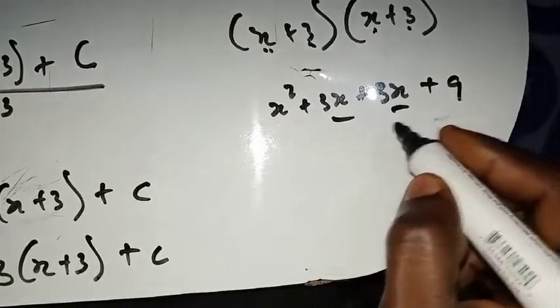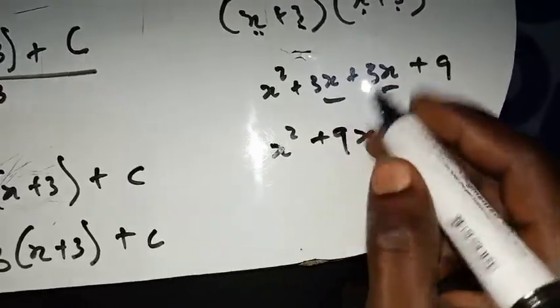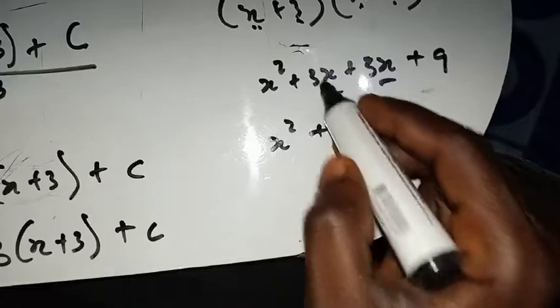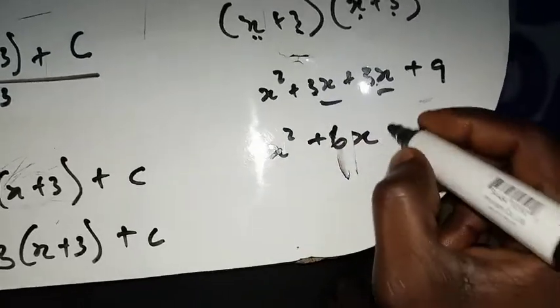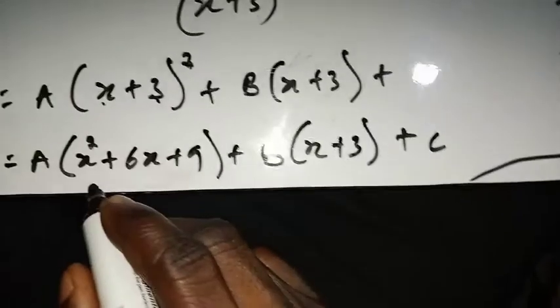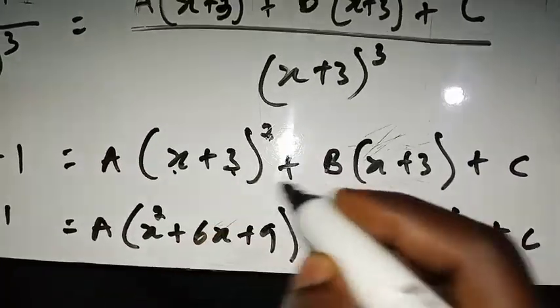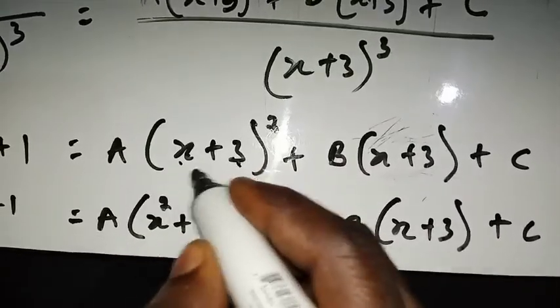These and these are the same, right? So here we are having s squared and then plus 9s plus 6s, right? So plus 6s, this plus this one will give me 6s, and then plus 9, right? So this is just the same thing as I got in this bracket. But maybe I would advise you to learn this, right? This is very simple. You can just go back and check that.